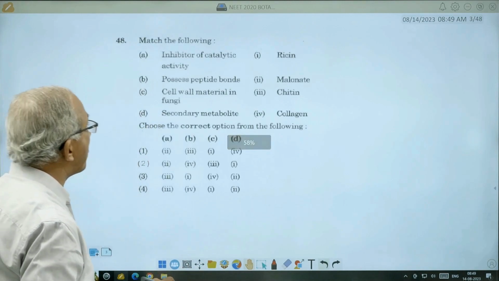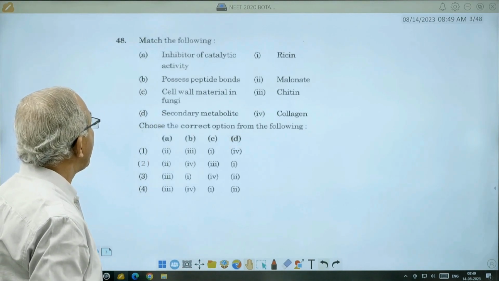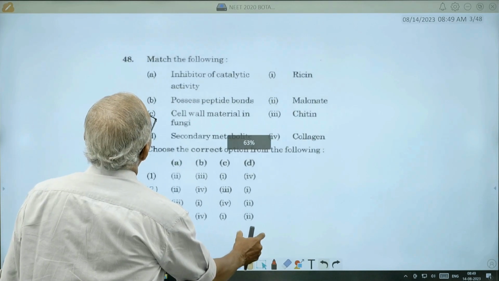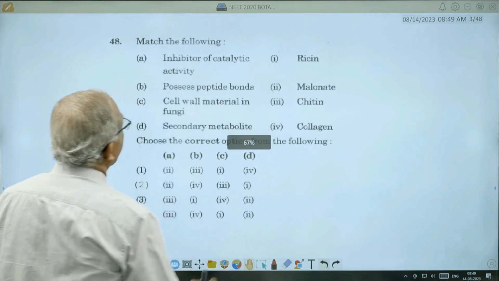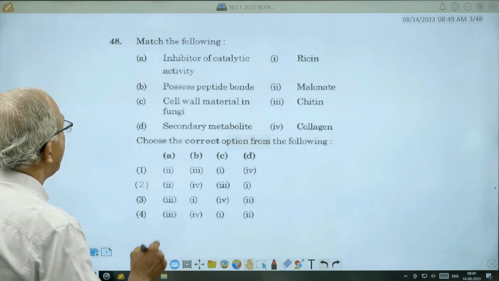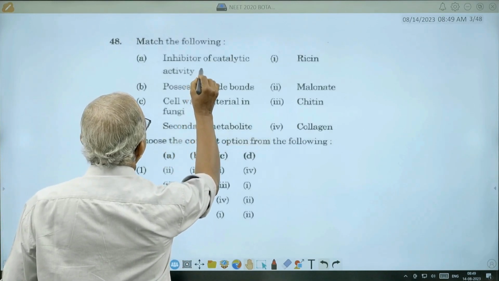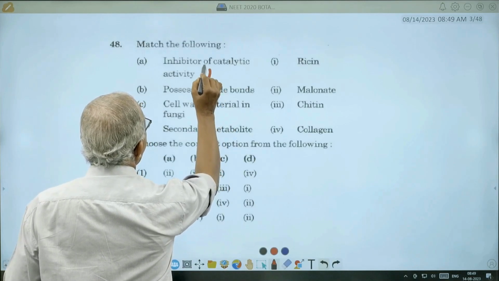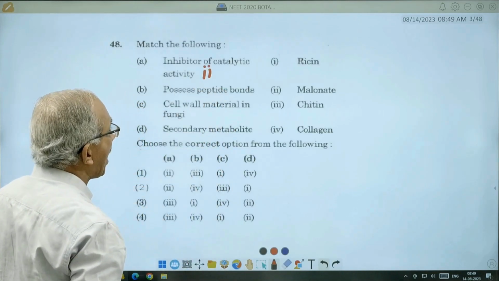This is a match the following. Inhibitor of catalytic activity can be matched with malonate.